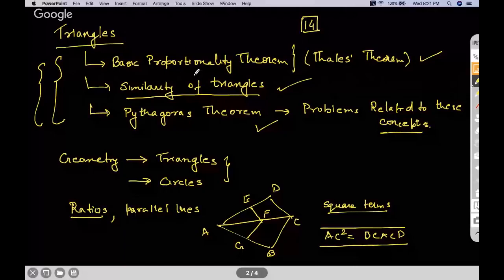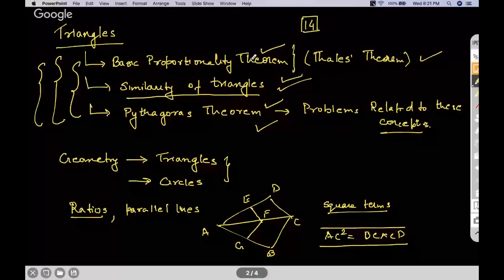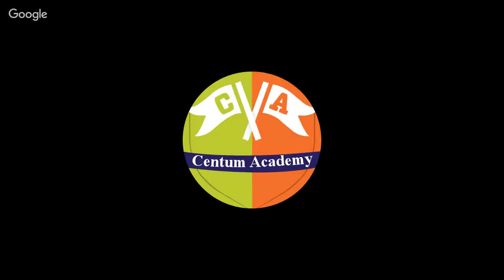So always in your mind, the moment you see a triangle, application of basic proportionality theorem, similarity of triangles, or application of Pythagoras theorem. Corresponding squares of sides and all that will be included. So once you have the list of all the theorems in front of you, you will be able to think through the problem and solve it.